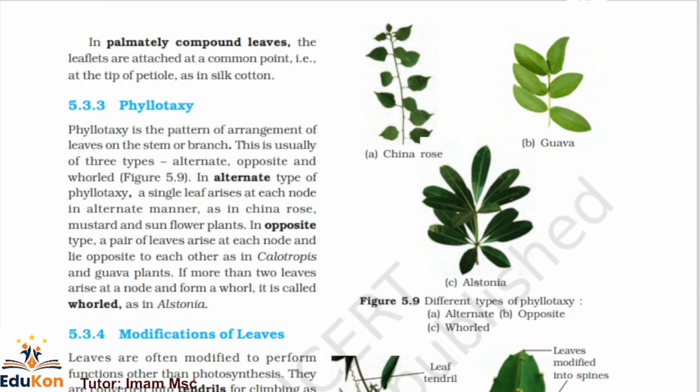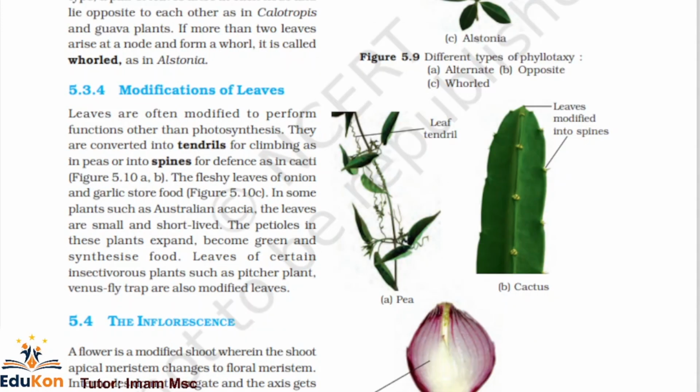Coming to modification of leaves, leaves are often modified to perform functions other than photosynthesis. They are converted into tendrils for climbing, as seen in peas, or into spines for defense, as in cactus. So we are seeing both the examples. In the pea plant, leaves are modified into tendrils, like circular reticulate structures, which help the plant to climb. Whereas in cactus we have spiny structures which act as a defense when animals graze on them. So they protect the plant from grazing animals.